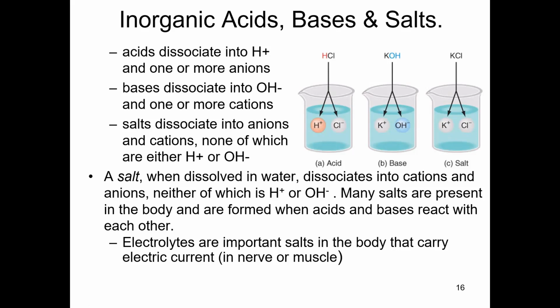The consequence is that sodium chloride or potassium chloride are found in their ionic form in bodily fluids. This will be super important because potassium ions and sodium ions are essential for the workings of our nervous system. We'll talk about that more in chapter 12.